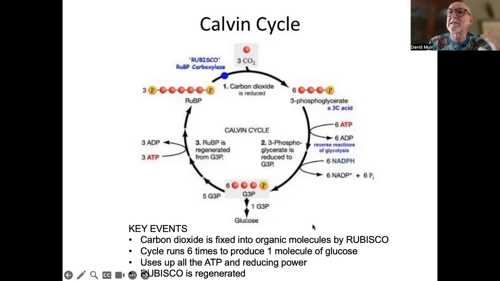All the plant needs is sunlight, carbon dioxide, and water to do it. I want to say one other thing about plants, and when I say plant, I mean anything that uses plant photosynthesis, including cyanobacteria.